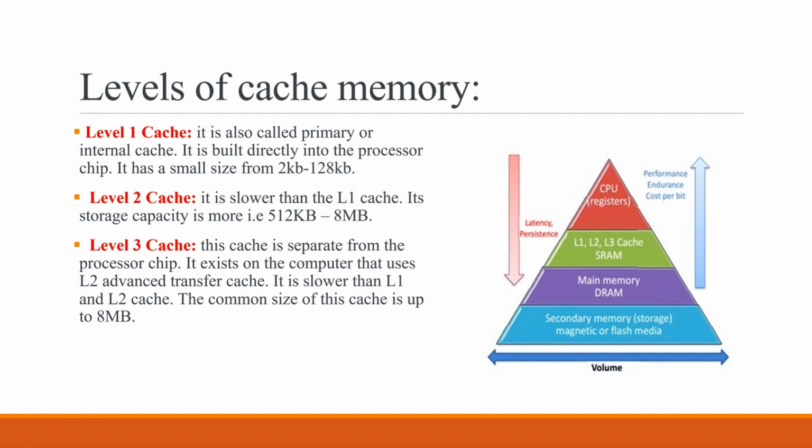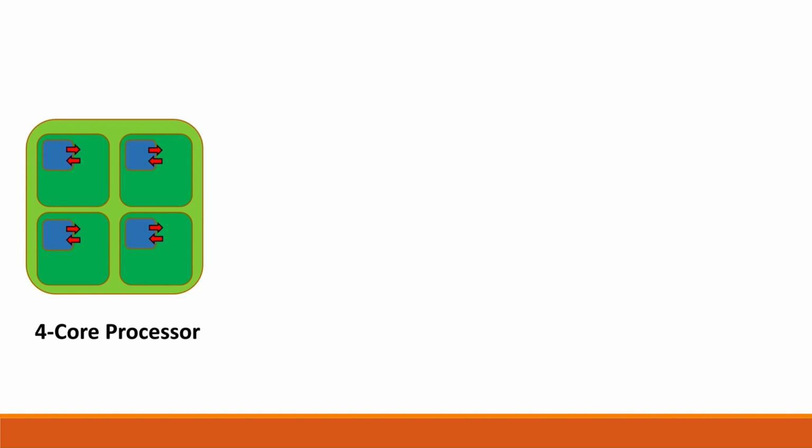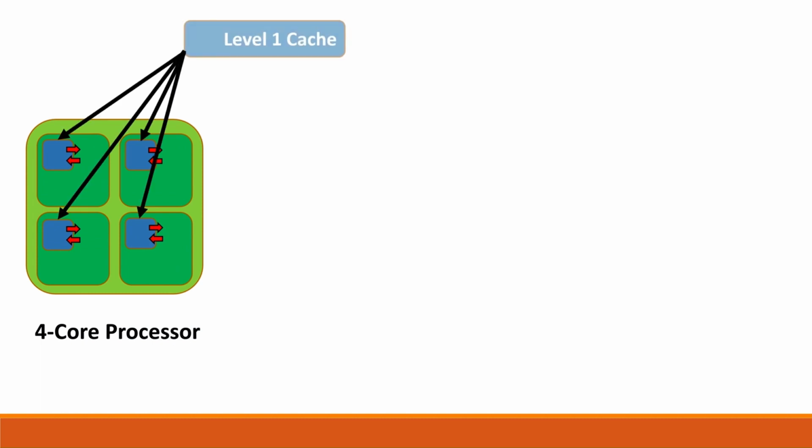So now let's see how the cache memory works in our microprocessor. Suppose you take the example of a 4-core microprocessor that has level 1 cache memory, which is very fast, and it is present in the cores of the processor.